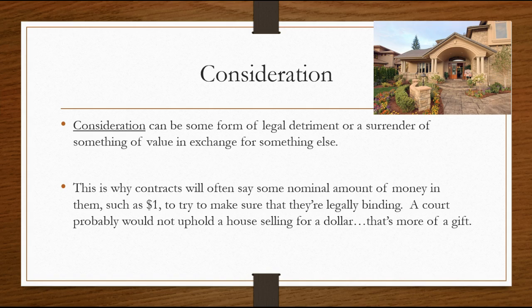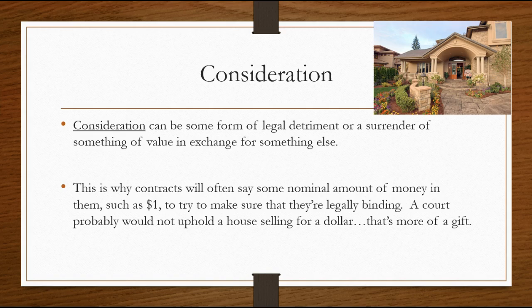Every contract has to have some form of consideration. So consideration is something of value. And even in kind of not as formal contracts, they'll even put a nominal amount like $1 in because the court wants to see some sort of consideration.